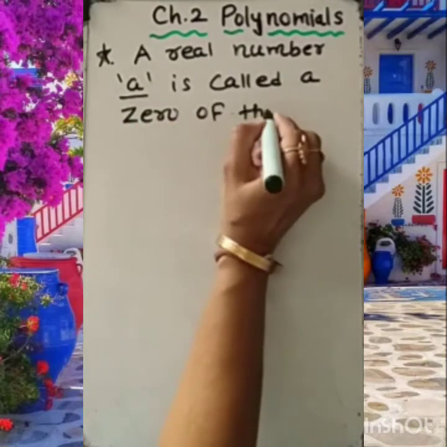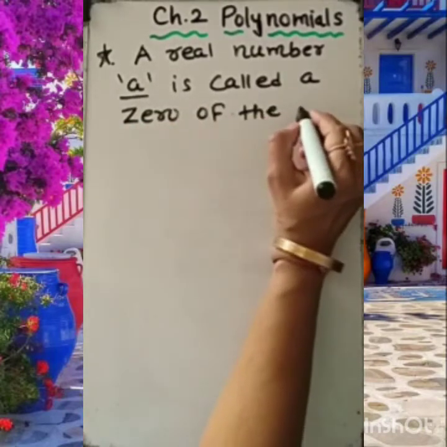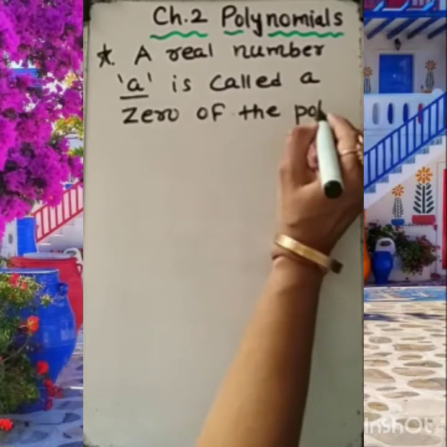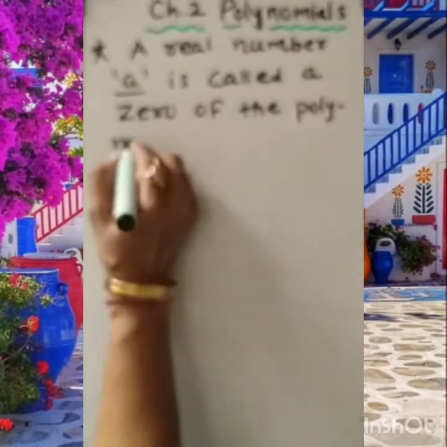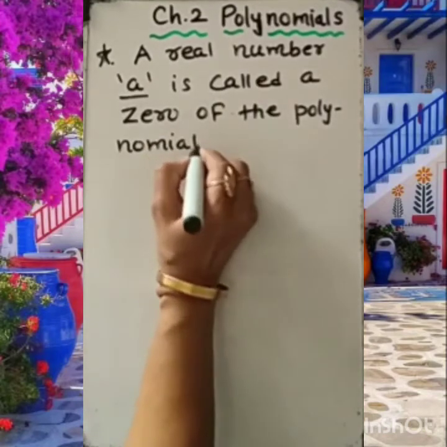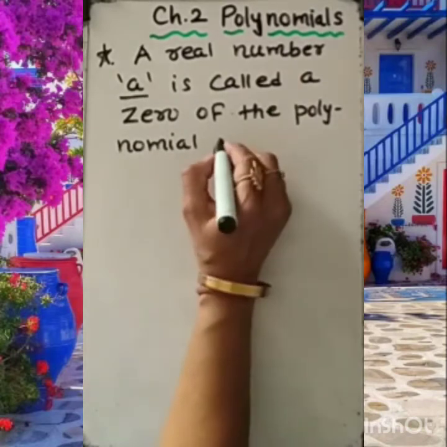Zero here is not related to the number zero, but the word zero indicates it's a solution of the polynomial p(x). It means it's a solution.